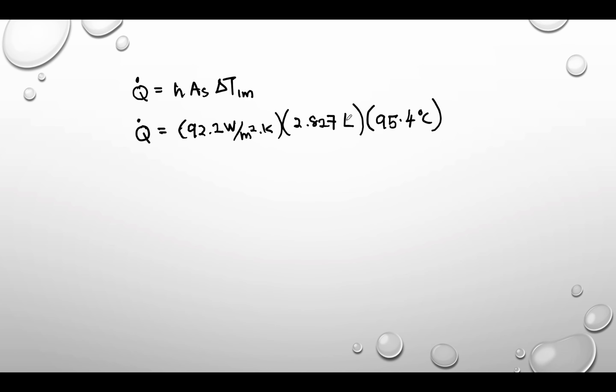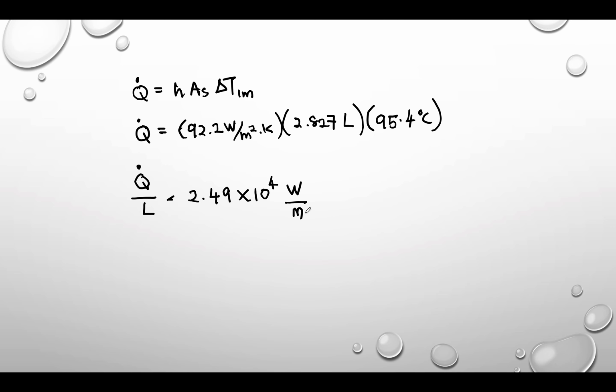Here we have L, so bring this L to the left hand side. Your equation becomes Q dot over L, because this is the objective of the equation, the rate of heat transfer per unit length. Multiply all the values, and you will get Q dot per L equivalent to 2.49 times 10 to the power of 4 watt per unit length.